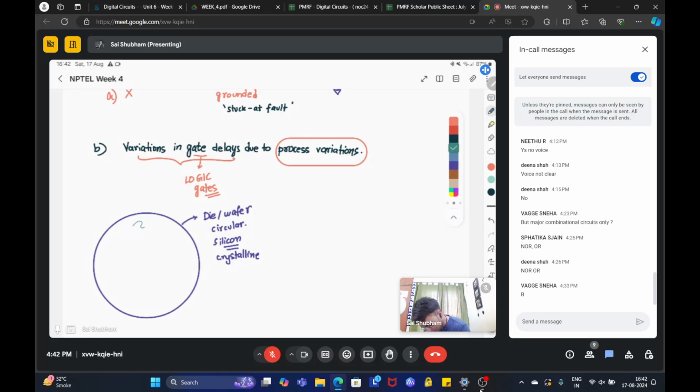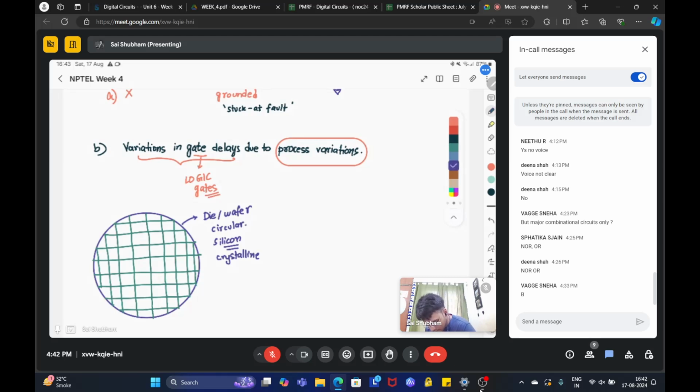So the chip that you see, which is square in shape, is basically extracted from this portion, okay?